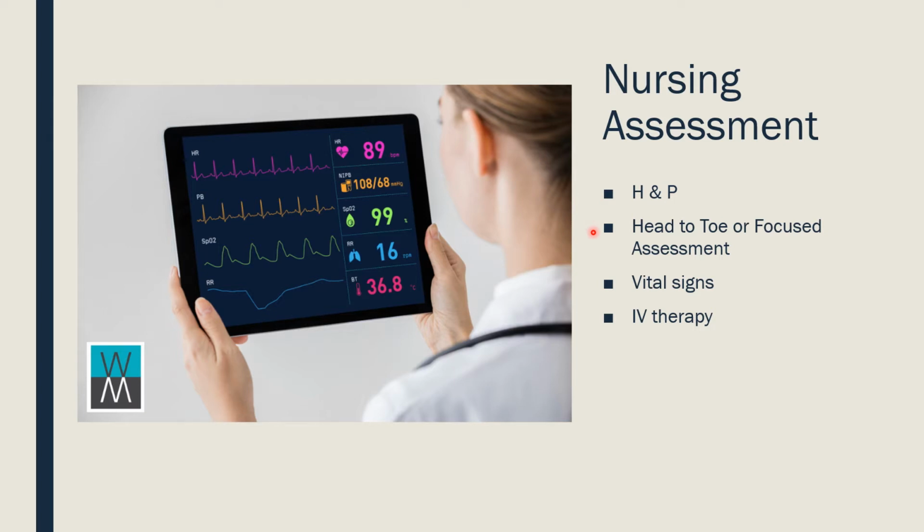We have to perform a head-to-toe assessment or focused assessment depending on what's going on with your patient. You have to perform vital signs, checking their blood pressure and temperature, and also determine what specific IV therapy the patient needs, whether it's peripheral IV insertion or a central line, depending on what's going on with your patient.